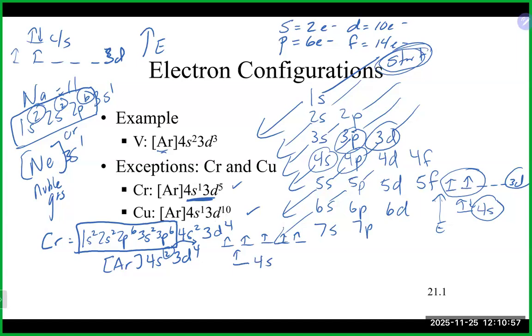Copper is a very similar exception. It has one less electron in the s orbital and one more electron in the d orbital. In fact, if you look on the periodic table where chromium and copper are, and you go down and in, there are a lot of similar types of exceptions in the electron configuration.